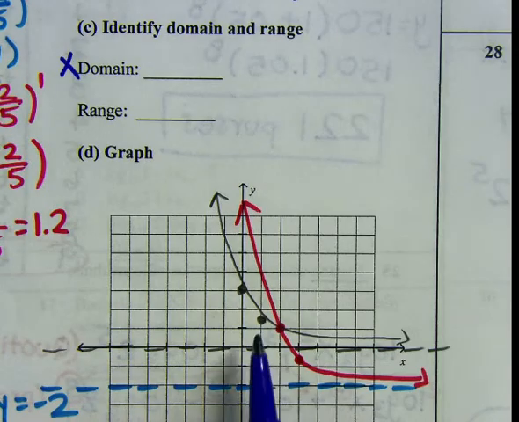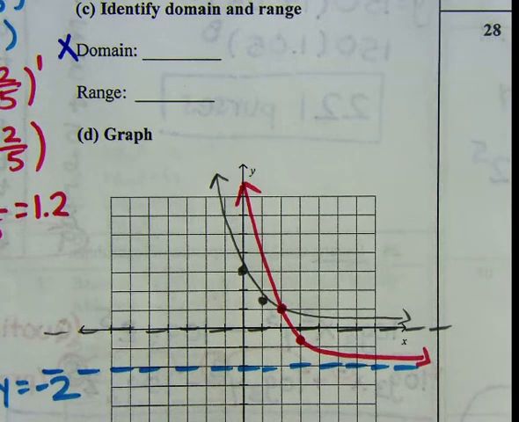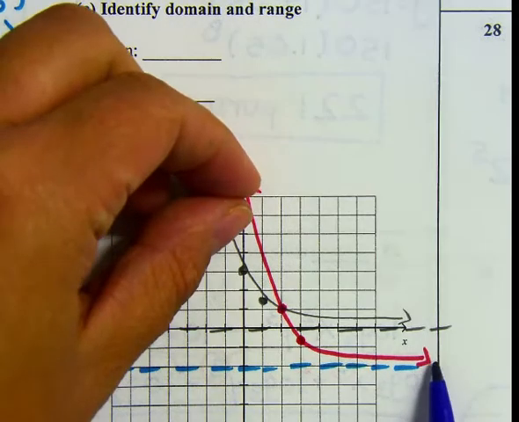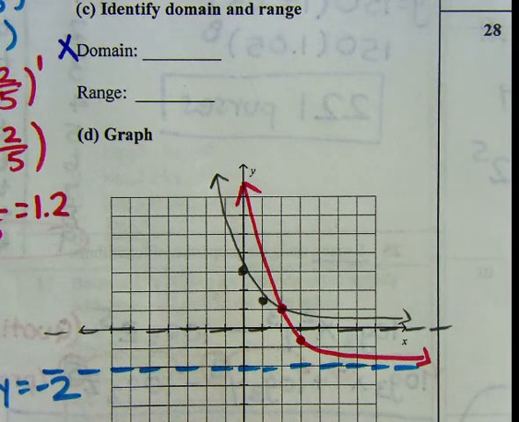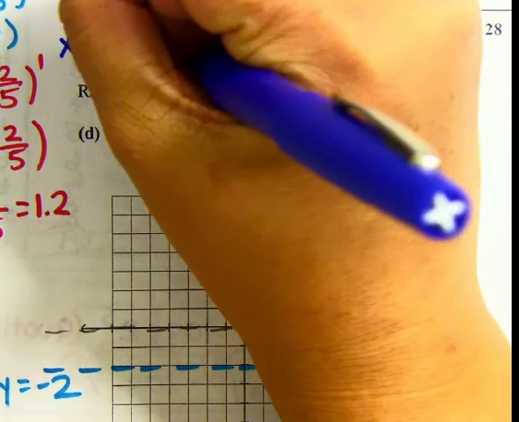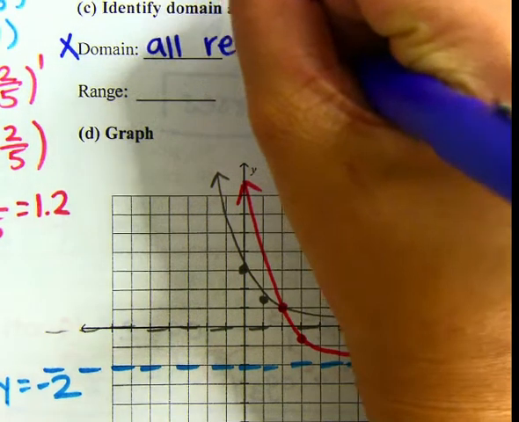We can tell we have a vertical asymptote if it says x equals, but in this case it's y. So right now our graph is going to continue to grow on the x values, so there is no stop on the domain. So your graph exists everywhere, so we say all real numbers.